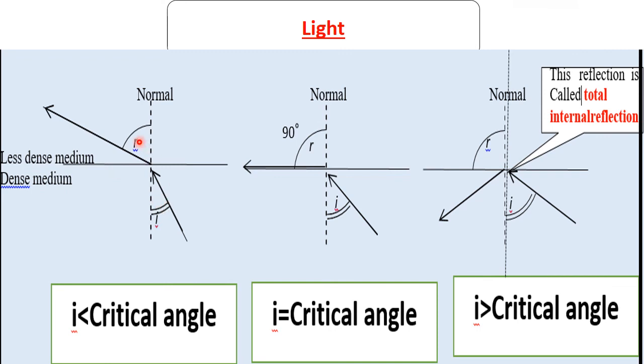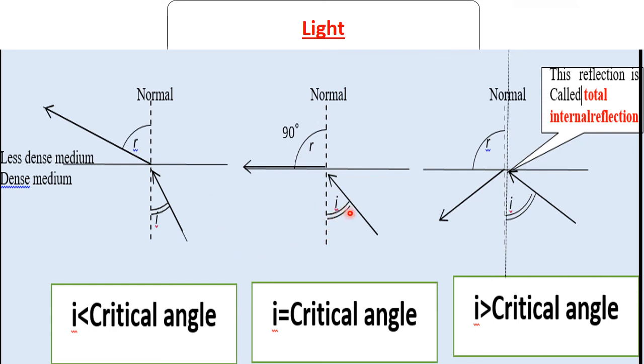So the fact that the angle of refraction is less than 90 degrees, 90 degrees being from the normal to here, means that the angle of incidence you have used is less than the critical angle. The critical angle is a particular angle which we don't know, that will give us 90 degrees here.